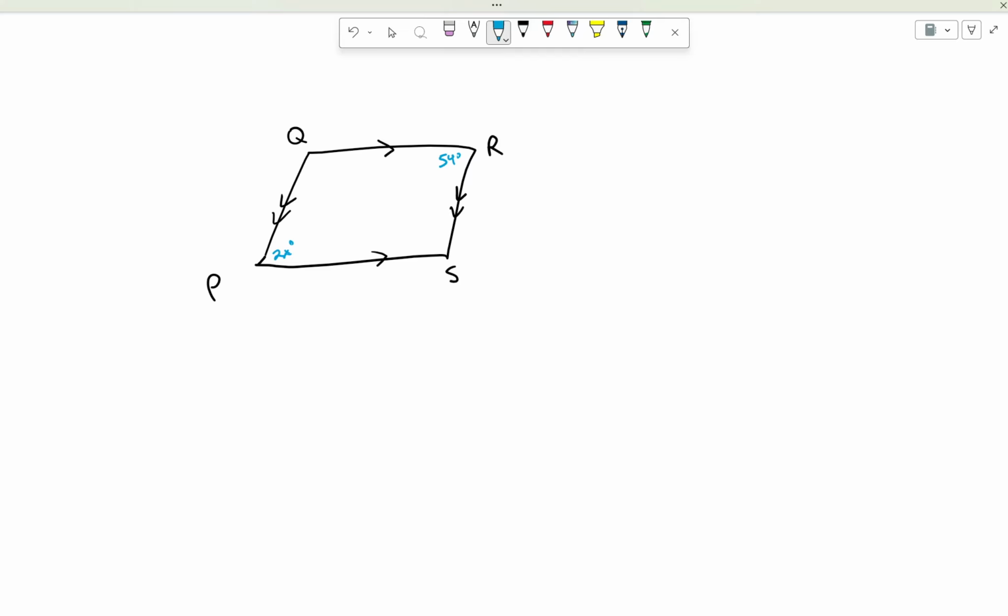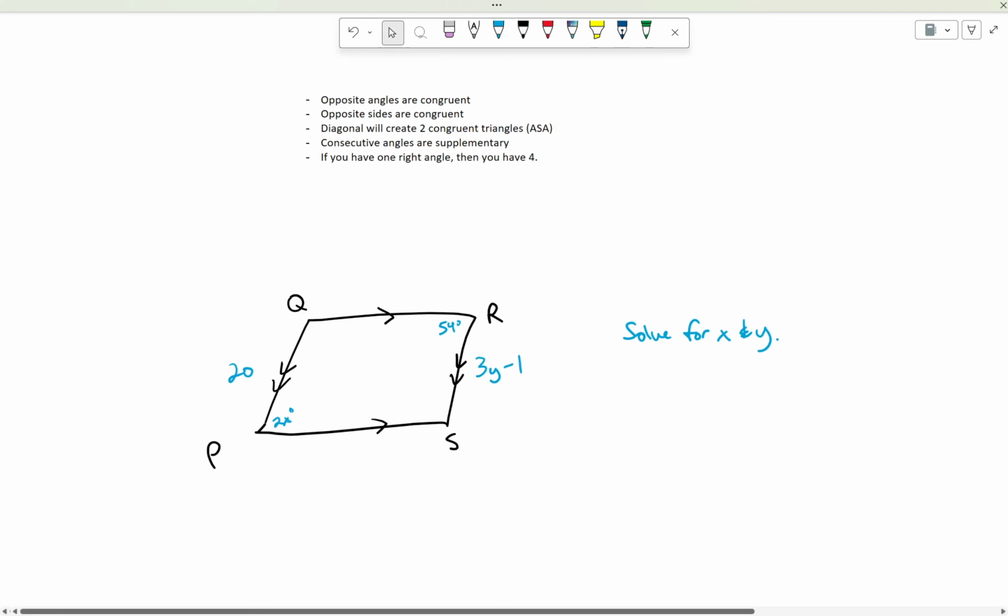QP is going to be 20. And RS is going to be 3y minus 1. And we are going to solve for x and y. Now, remember, let's go back to our properties here.